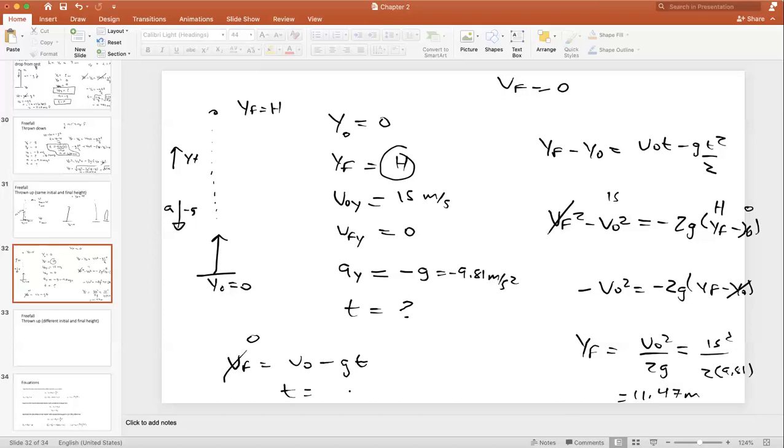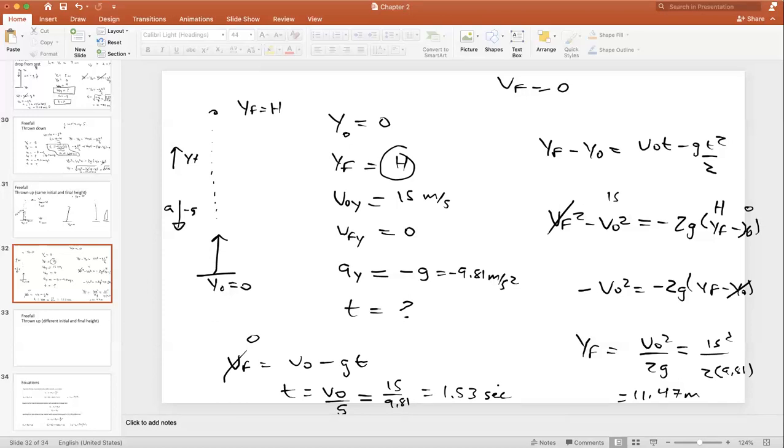So t is v initial divided by g, which is 15 divided by 9.81. Not negative. If you do this algebra, move the gt over, divide through by g. So this is how long? Well, it's like 1.5 seconds, right? 1.53 seconds. So I know that it took 1.53 seconds to go up to its maximum height.